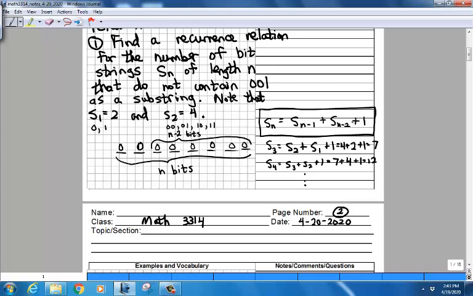Notice this is non-homogeneous, though, because of this extra 1 thrown in. So we're not going to be able to solve this recurrence relation using the theorem that we learned today, because it is non-homogeneous because of this little plus 1, which messes things up.